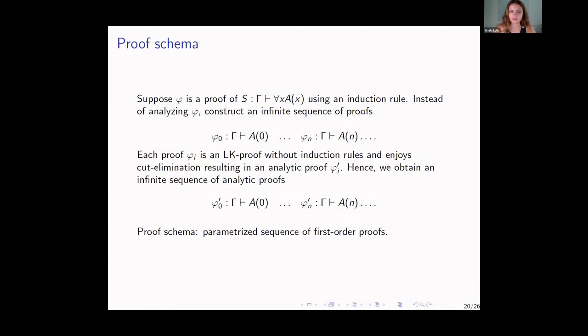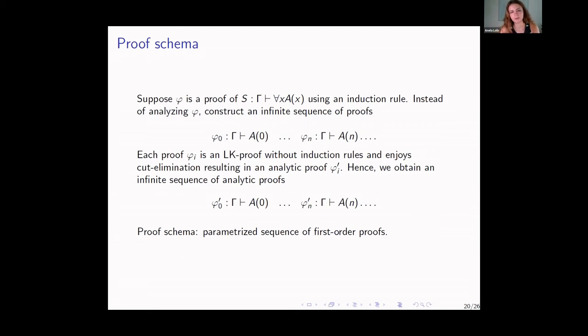A proof schema is a finite description of an infinite sequence of proofs. We have parameters, and then given any parameter, we can evaluate this proof, and then we know which one we're talking about. This is the input of the schematic CERES method.